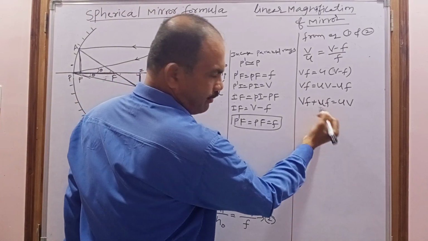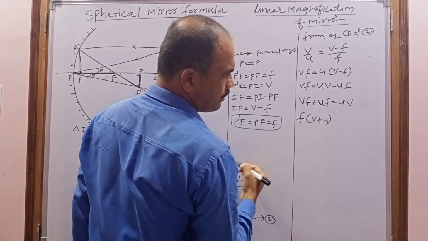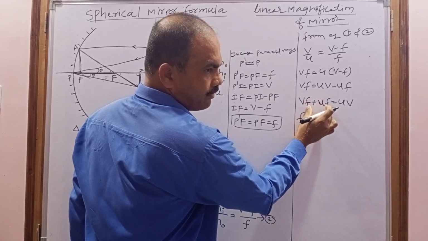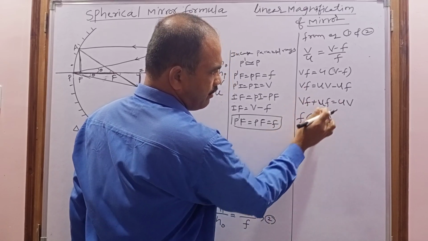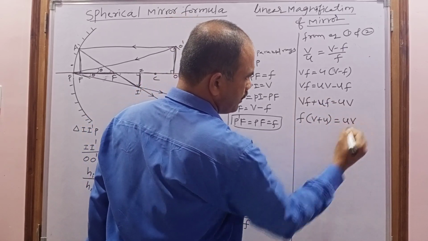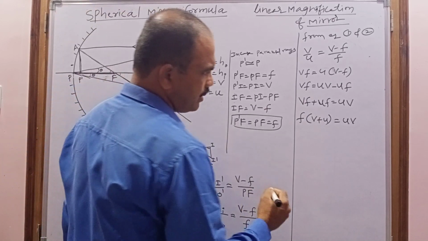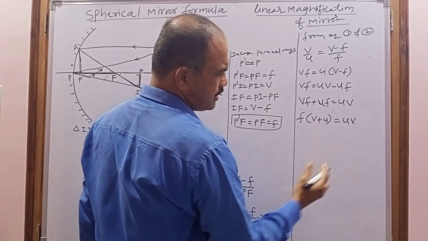Now take the common F on the left-hand side: F of (V plus U). When we take F common, what remains here? V, and U, equal to Uv. After that, I am rearranging this equation.